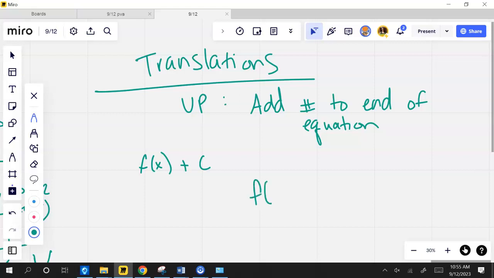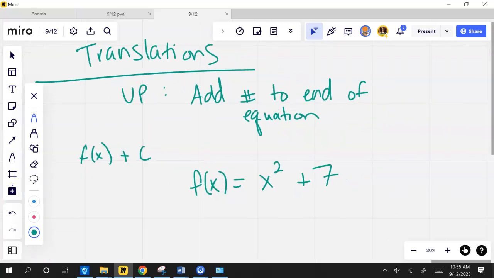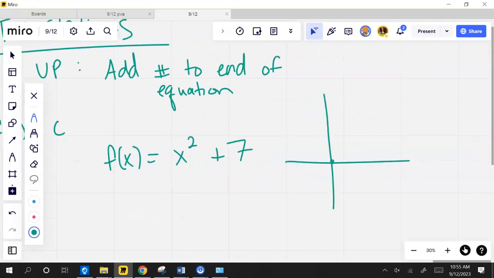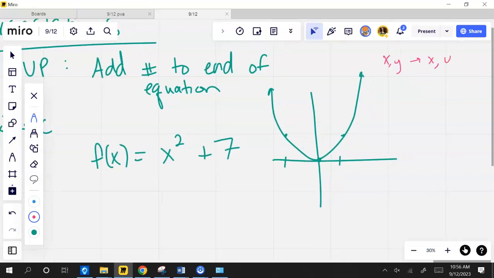So in other words, if I had f of x equals x squared plus 7, this would be the parent graph. And the parent, remember, 0, 0, 1, 1, negative 1, 1. This one would take every single point and slide up. If you look at the column that says change, it says take the xy that you started with, and the arrow shows xy changes to x stays the same, but every y you add that value to.